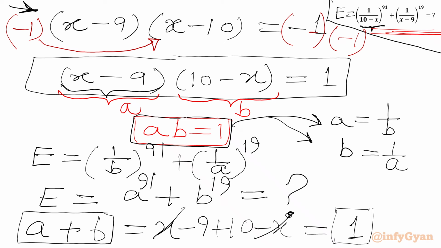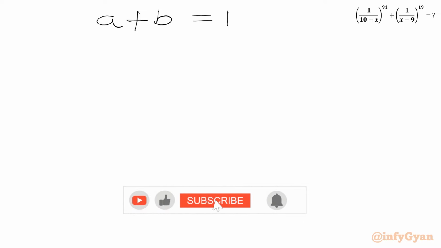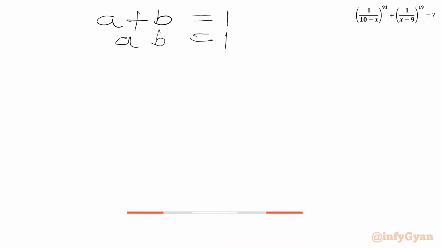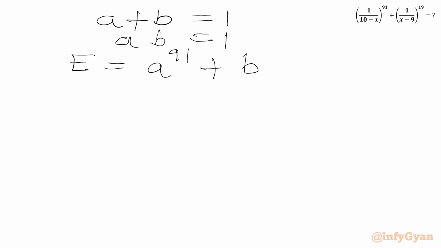Two equations, and we have to evaluate a^91 plus b^19. Let me write here a plus b is 1, a times b is 1. The target expression is a^91 plus b^19.